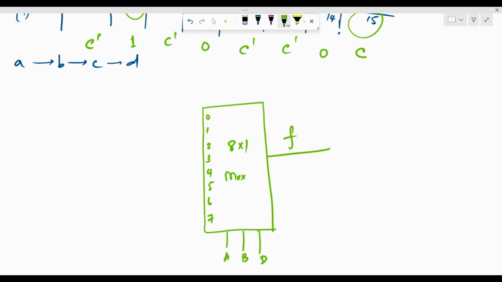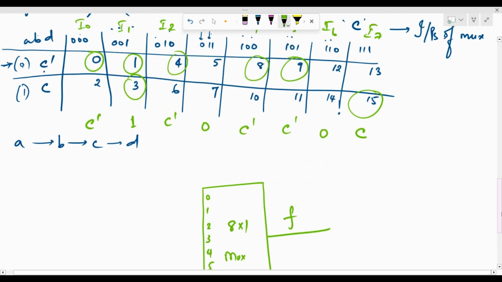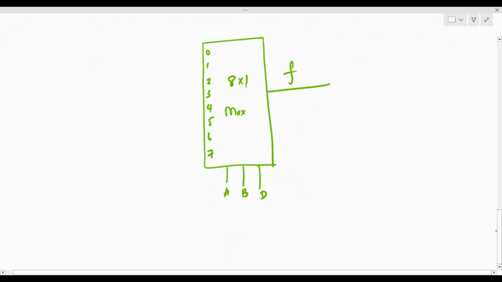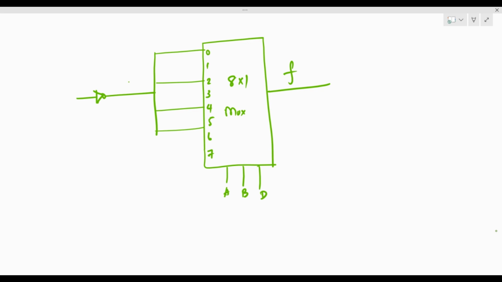Which are the ones connected to C dash? I0, I2, I4, and I5. All of these are connected to C dash.